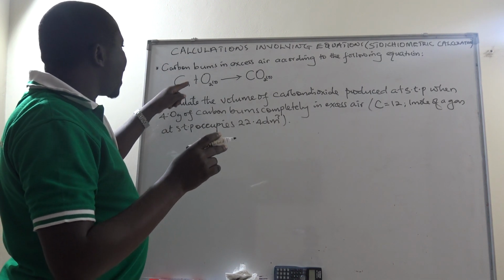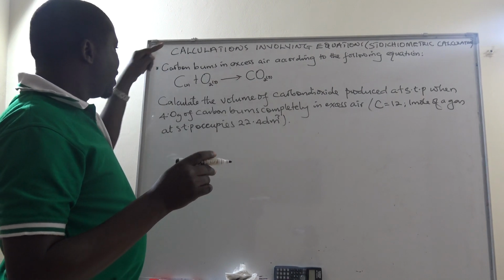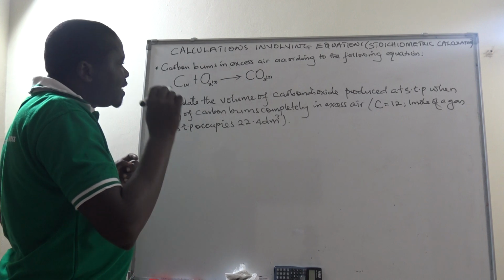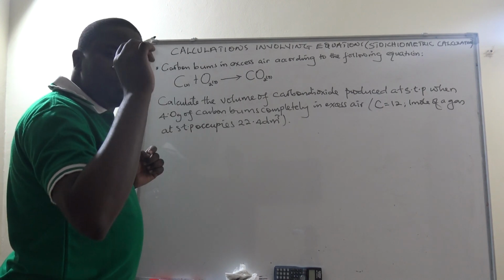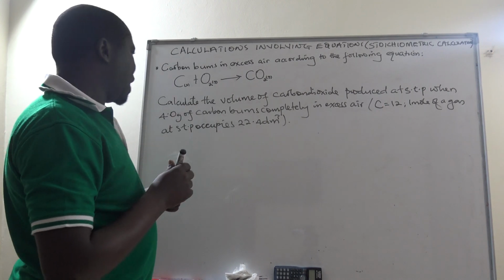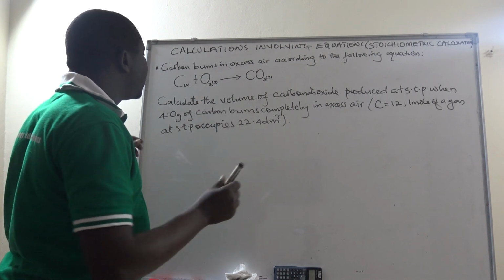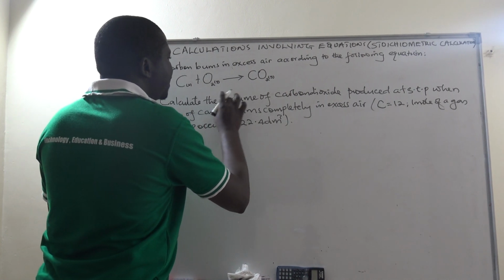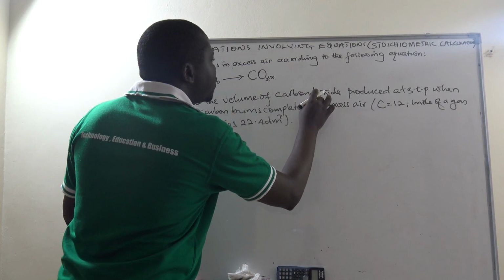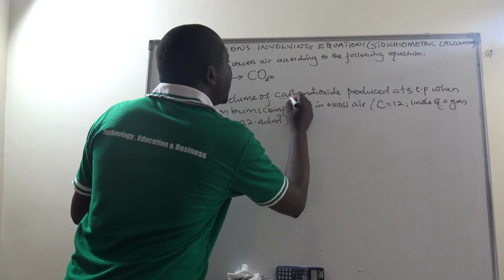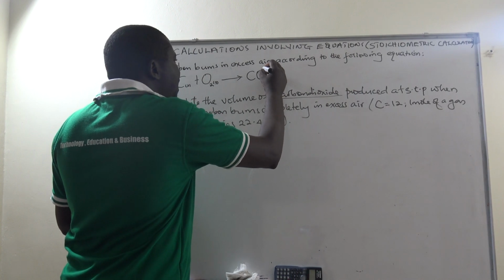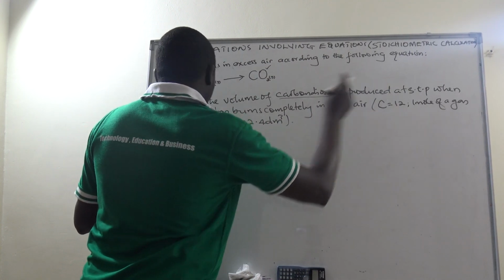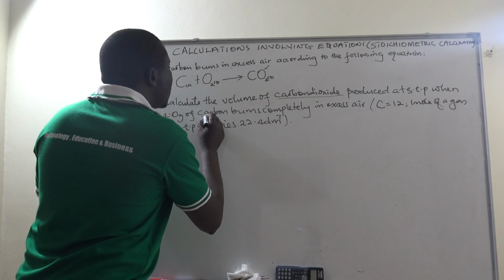We have seen that there are 3 chemical species here: carbon, oxygen, and carbon dioxide. So, firstly, take note of what you are going to use in your calculation, and you will get it from the question after the equation. Calculate the volume of carbon dioxide. So we are going to deal with carbon dioxide produced at STP when 4 grams of carbon.